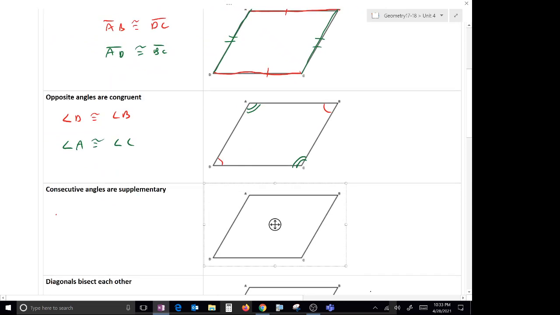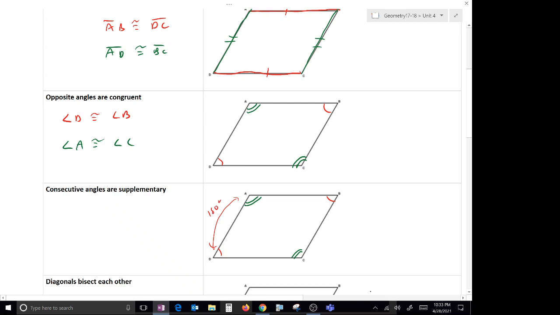Consecutive angles are supplementary. So what that means is that in our parallelogram, any two angles that are next to each other are going to add up to 180 degrees.